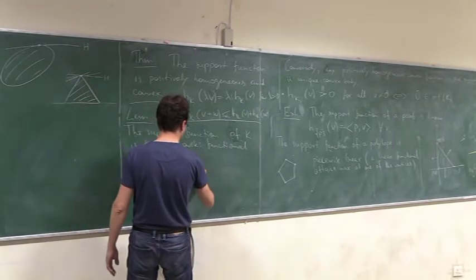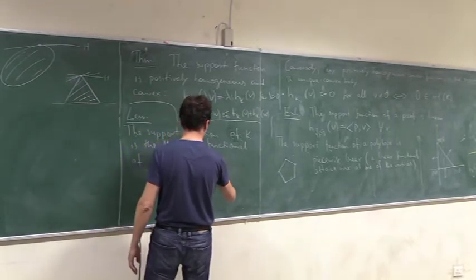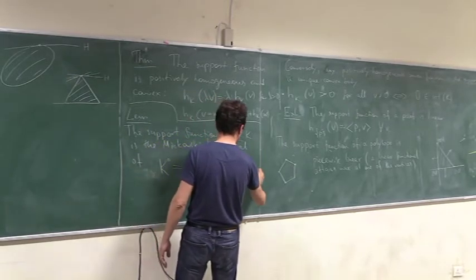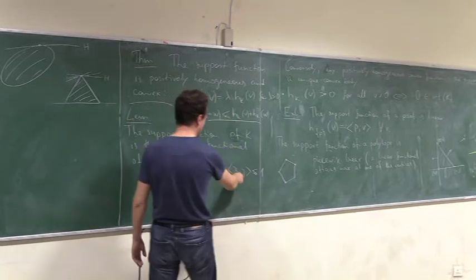It is defined as the set of all x in R^d such that the inner product of x and y is less or equal to 1 for all y from K.